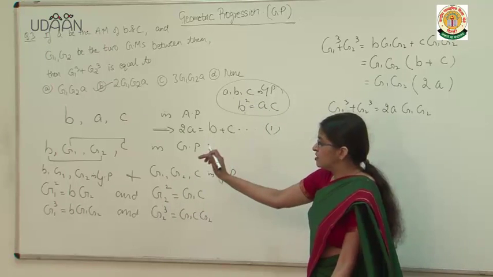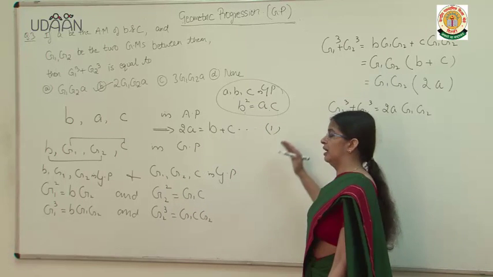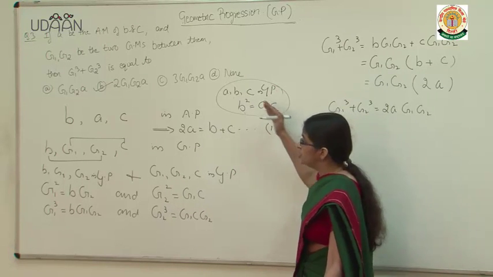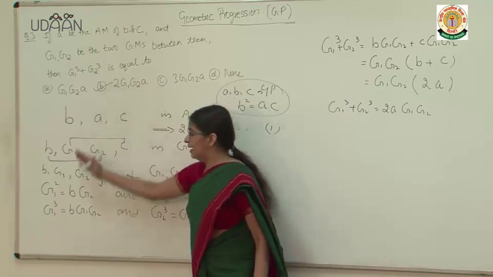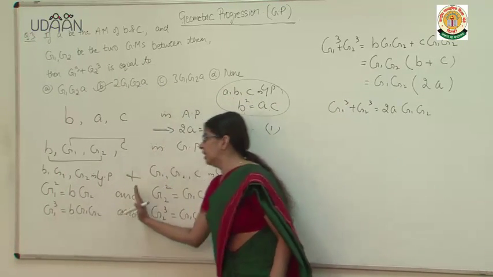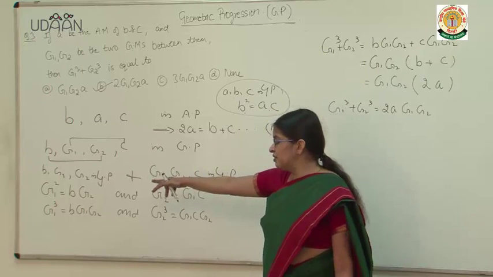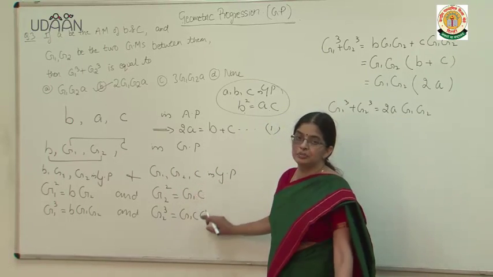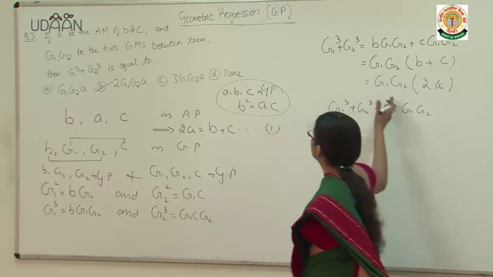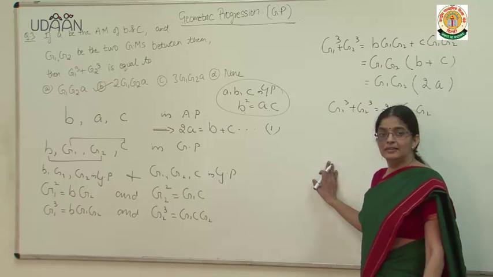We have grouped the terms, first 3 are in GP, second 3 are in GP. Apply this property, G1 cube and G2 cube are required. So in the relations we got, the first equation we multiplied by G1 and the second we multiplied by G2, then added to get the required answer.